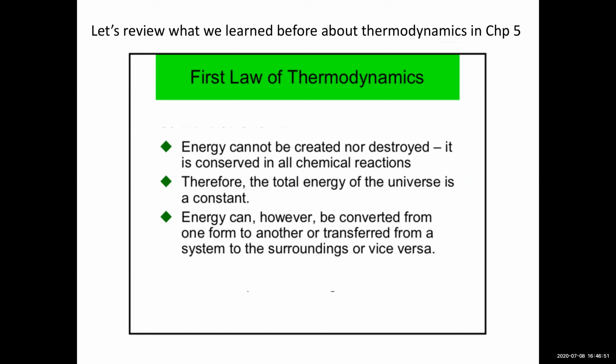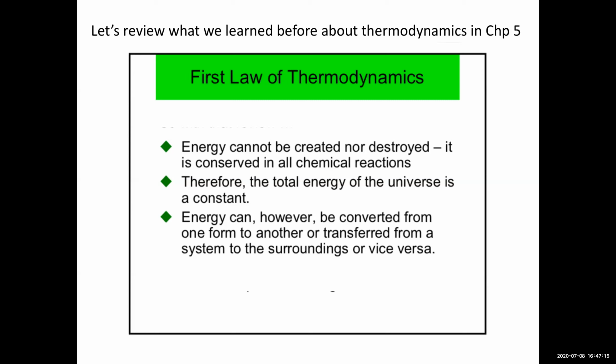The first law is defined in many ways, but this is one way you can describe it: energy cannot be created or destroyed. And we use this principle to solve many chemical problems previously.